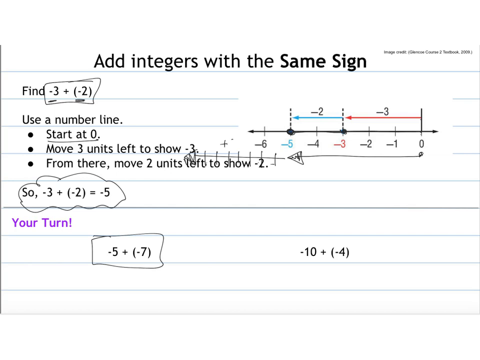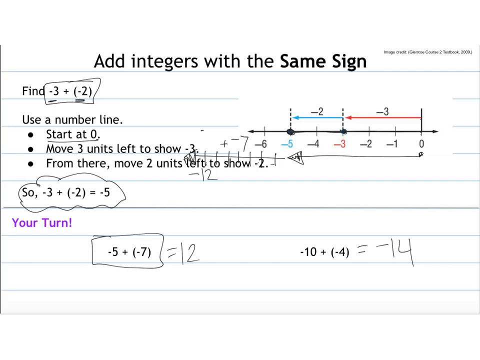So plus -7, we would be at -12. -10 plus -4, so again, start at 0, go all the way to -10, and then go 4 more to the left, so we would get -14.